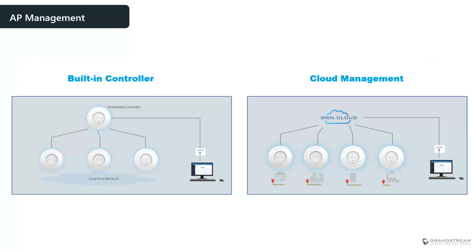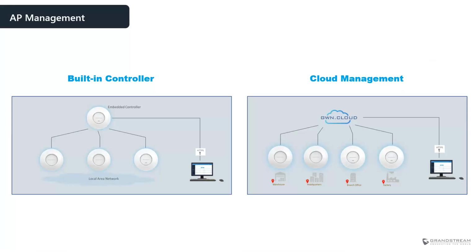The local management can be done via the built-in controller that is available on all the GWN access points. So basically, you just choose one of the access points and you use it as the controller of all the other access points in the same local area.